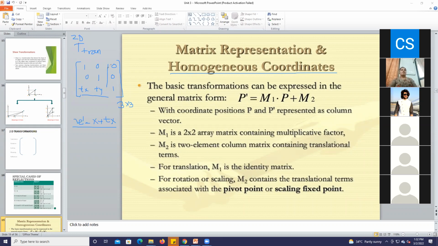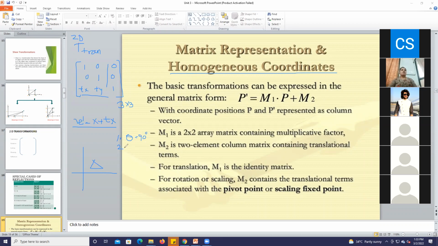Why? Because consider the problem, consider one triangle is given. Okay, this is my question. A triangle is given and I want to carry out different transformations on the same triangle. First transformation is rotate it with 90 degree. So I will write theta equal to 90 degree here. That is my first transformation.